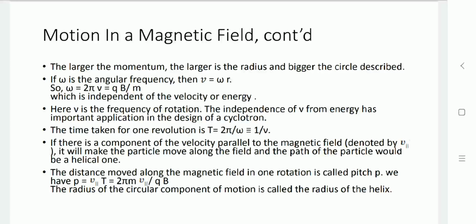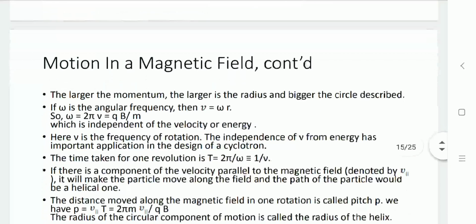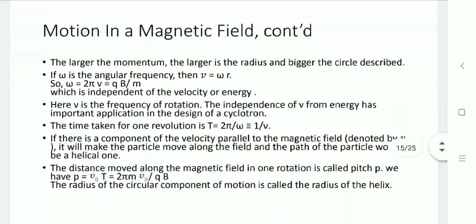So omega equals v by r, and omega equals 2 pi nu. So v by r, from the previous equation, is qB by m. So it is replaced over here, qB by m. So that is independent of the velocity or the energy.